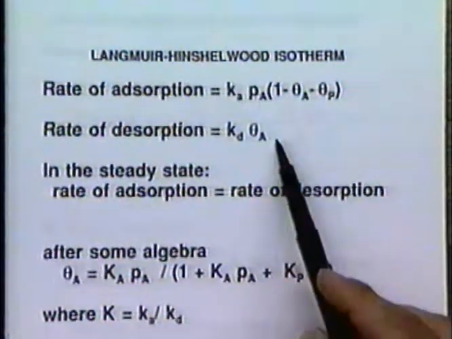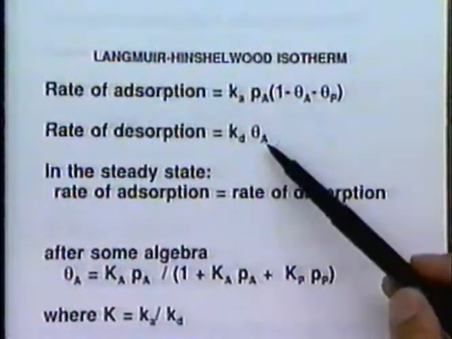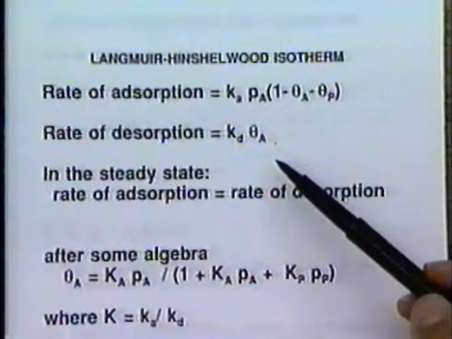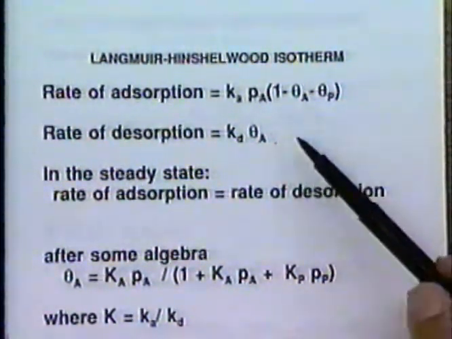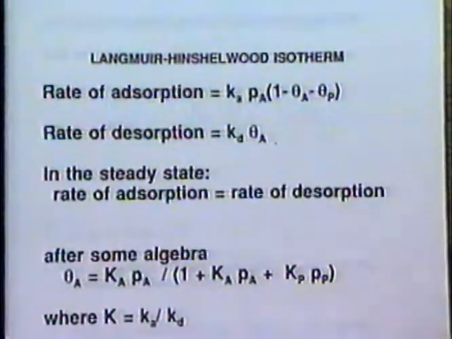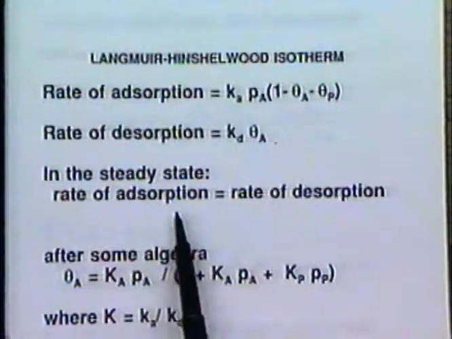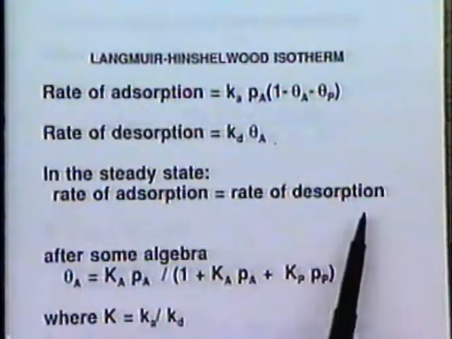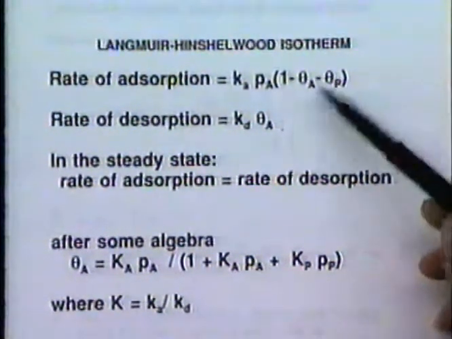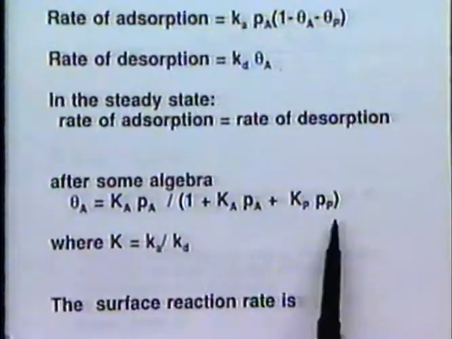Now, the rate of desorption will be proportional to the fraction of the surface which is covered with species A. In the steady state, when there is no accumulation of matter in the surface or in the gas phase, the rate of adsorption should be equal to the rate of desorption. Well, if we do some algebra with these two equations, we get two expressions like this.